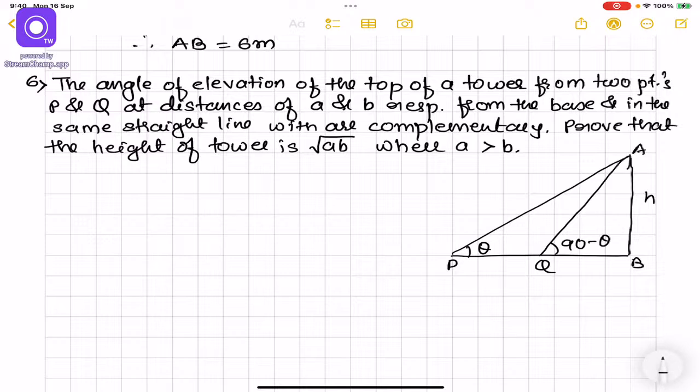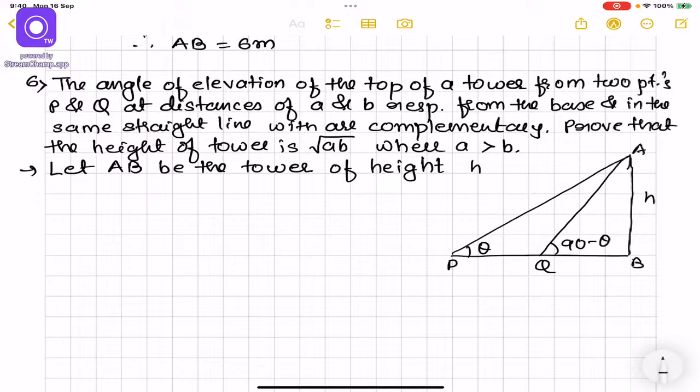Now, let AB be the tower of height H meter.